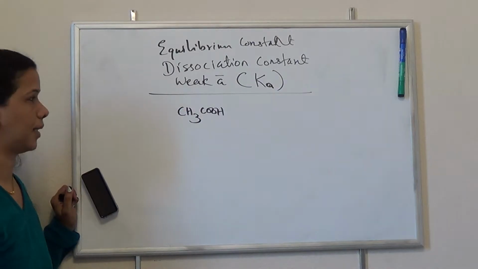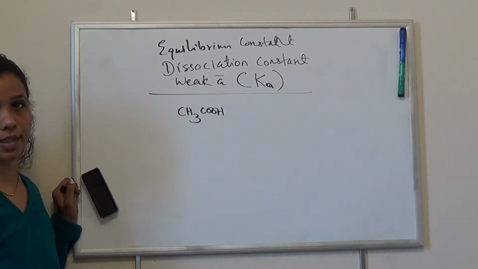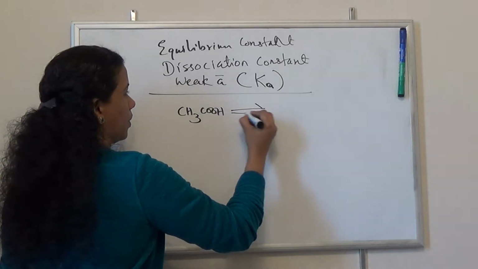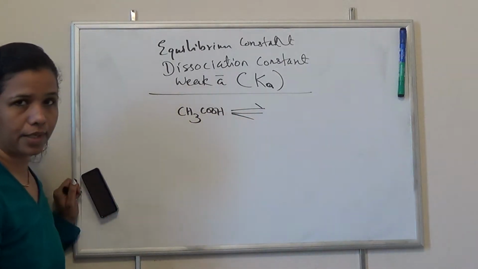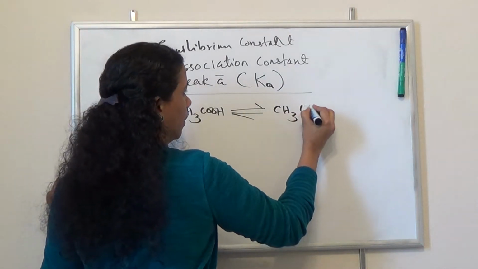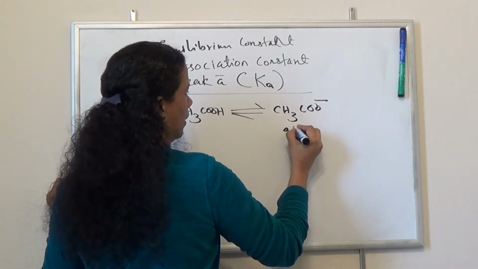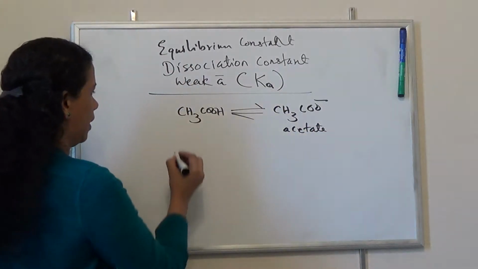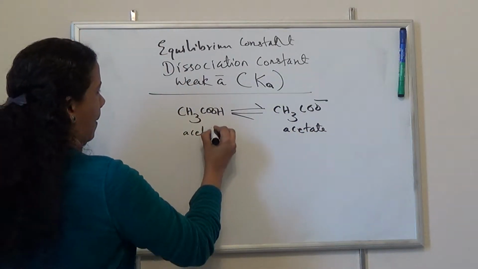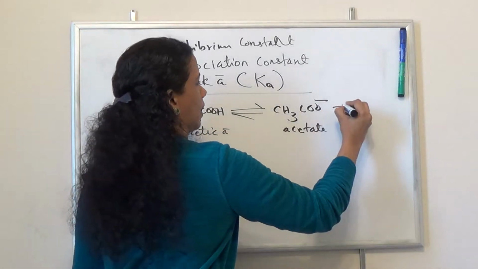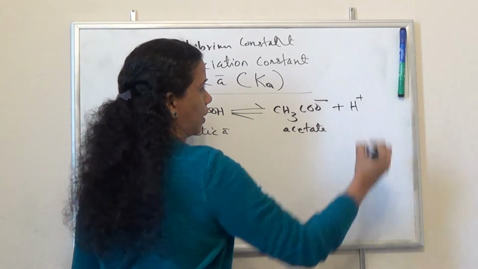All organic acids like acetic acid and formic acid are considered weak acids. They undergo only partial dissociation and form the CH3COO minus ion, called acetate, which is the common name. Acetic acid on dissociation gives acetate and H plus ion.